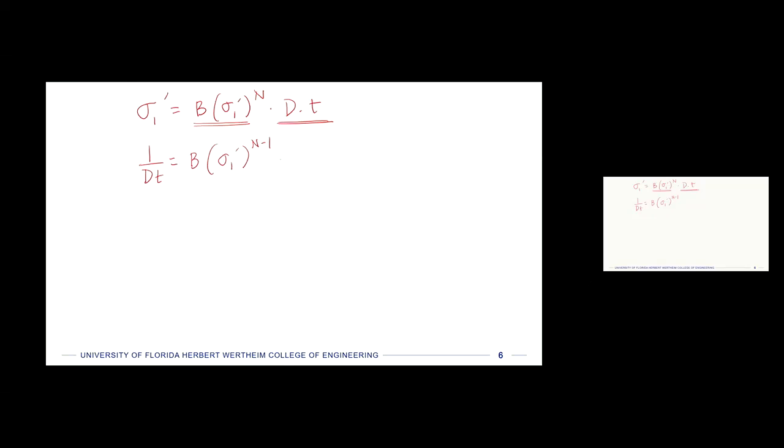And because we're in a uniaxial test, we determined that sigma 1 prime is the same as that effective stress. So B times sigma prime E to the n minus 1 power. So this is now our substitution into those other equations that we had.